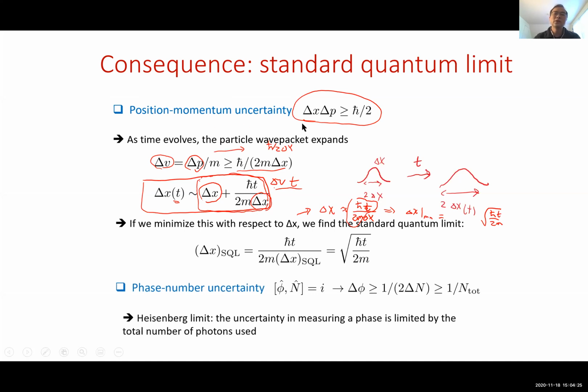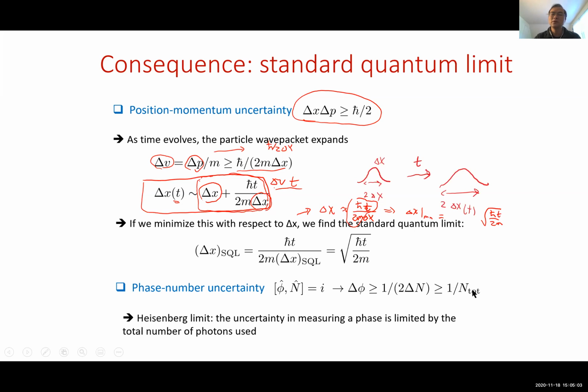You can also extend the uncertainty to other pairs of observables, such as the phase and number. It turns out that their commutator satisfies this relation. The commutator of the two equals i, and therefore you see that delta phi is greater than 1 over 2 times delta n, meaning that if you want to measure a phase, its uncertainty is lower bounded by this expression.